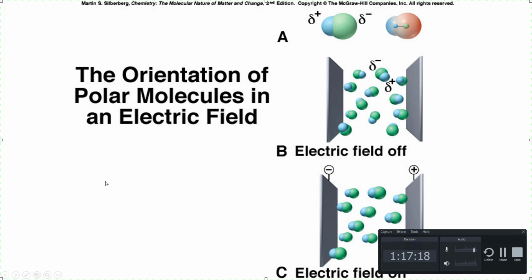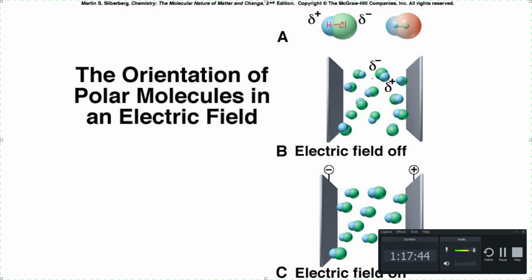Okay. So is a molecule polar or not polar? We'll get to that in a minute, but if you have a polar molecule, so you have, for instance, maybe a hydrogen and a chlorine. The chlorine being more electronegative than hydrogen is going to pull electron density away from it, being delta minus and the hydrogen delta plus.